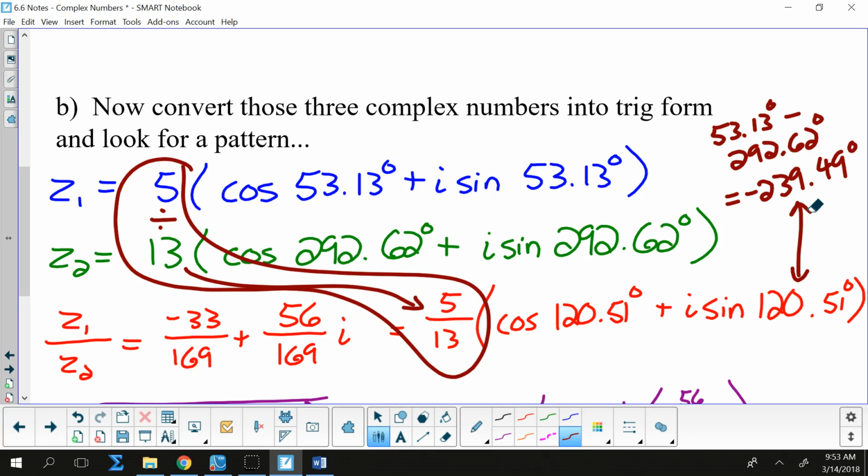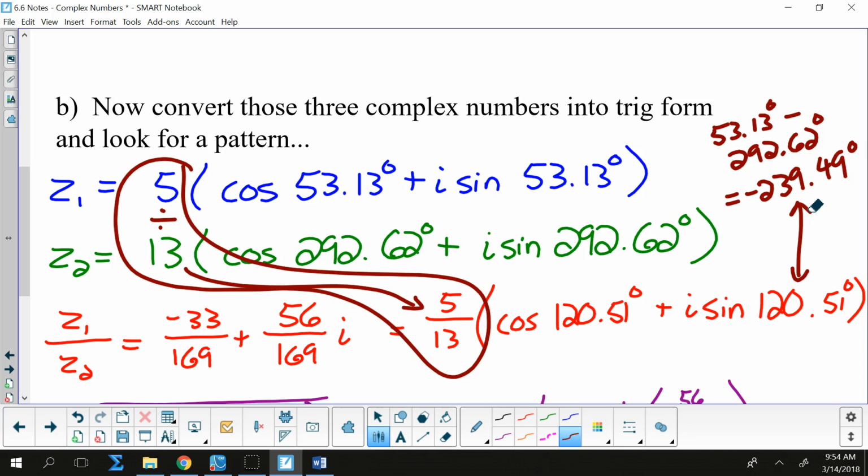If we're dividing two trig-formed complex numbers, we take the r's and we divide them, and we take the thetas and we subtract them. Okay? And it matters which one goes first, because order matters in division for sure. In multiplication, it doesn't.